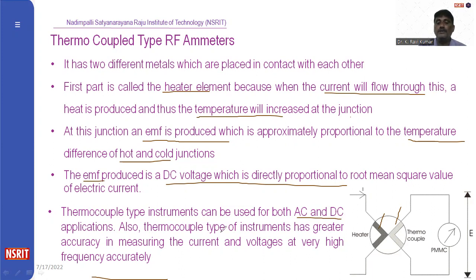Also, thermal type instruments have greater accuracy compared to the PMMC and the previous circuits in measuring the current as well as the voltages at a higher frequency accurately. That's why the thermocouple type ammeters are used in the radio frequency (RF) range. That's why it is called the thermocouple type RF ammeter.